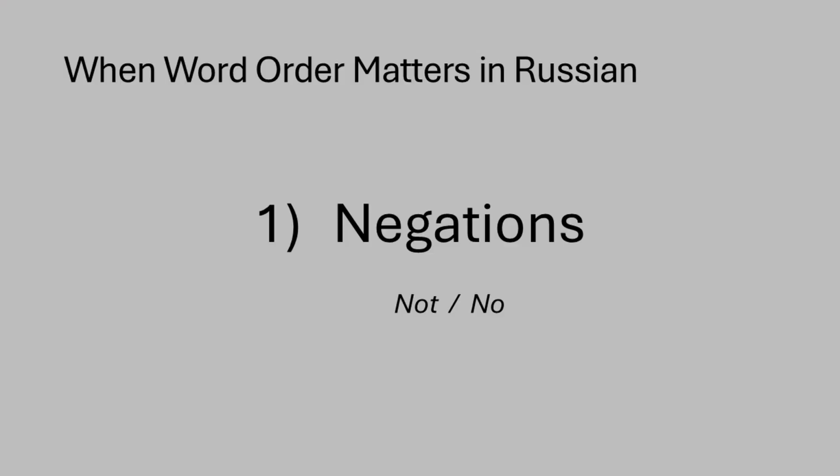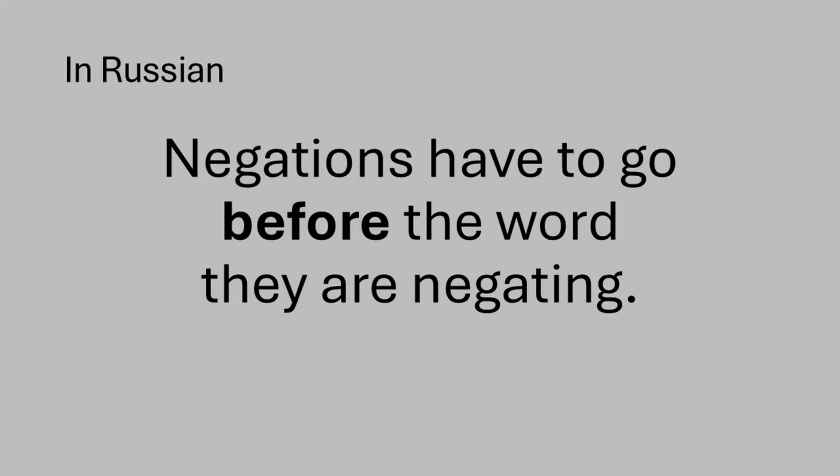Now, there's a few moments when word order actually matters. And the first is negations. A negation is a word that we use to say that something is not or no. In Russian, the negation has to go before the word it is negating.